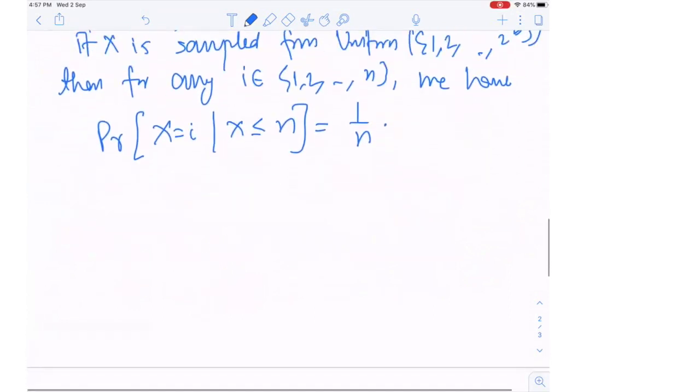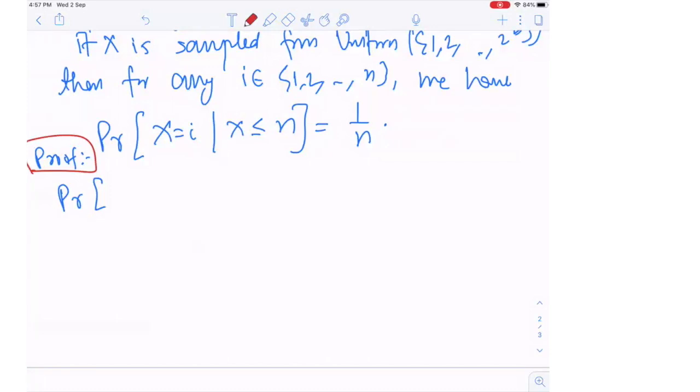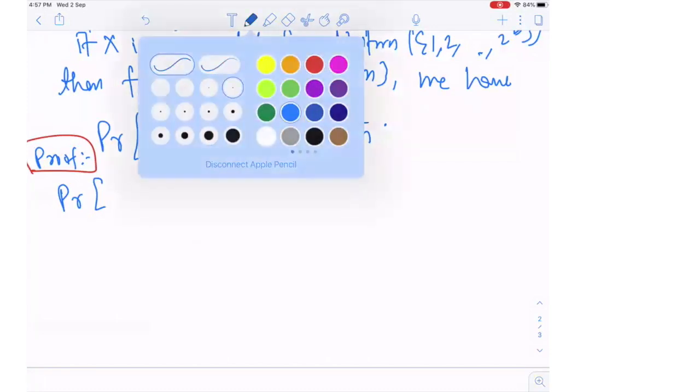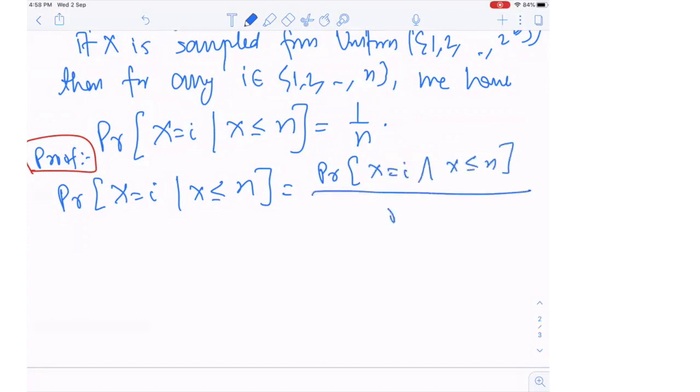The proof is very simple for this. So here's the proof. The probability that x equals I, given x is less than or equal to n, is, by conditional probability, the probability that x equals I and x is less than or equal to n, divided by the probability x is less than or equal to n, just by the definition of conditional probability.